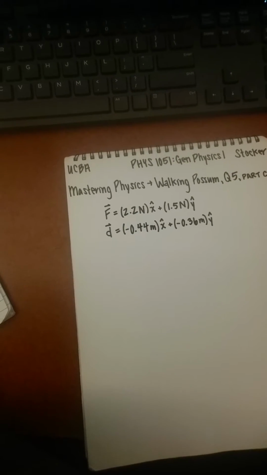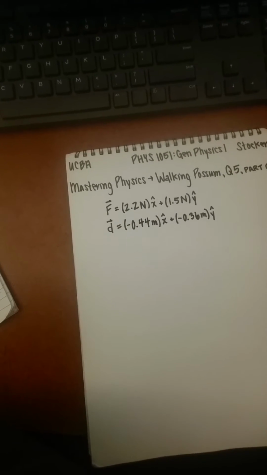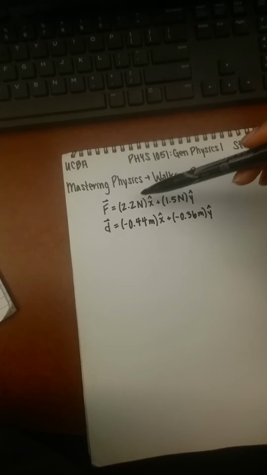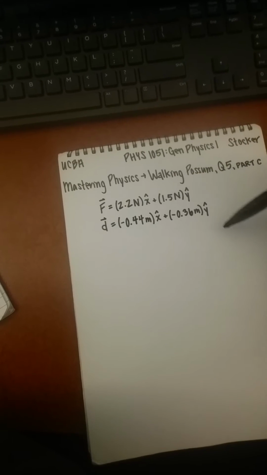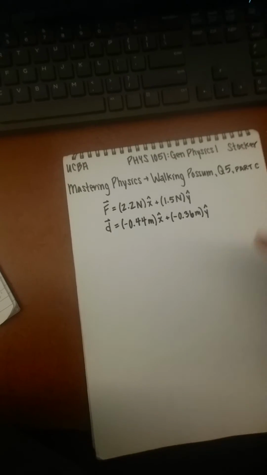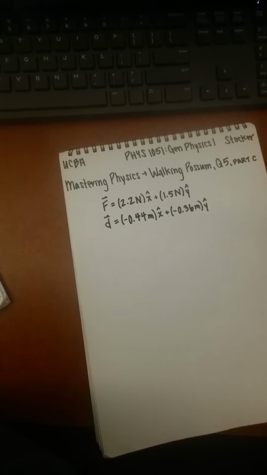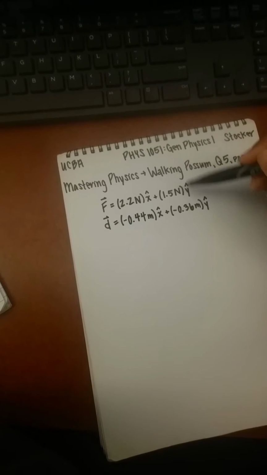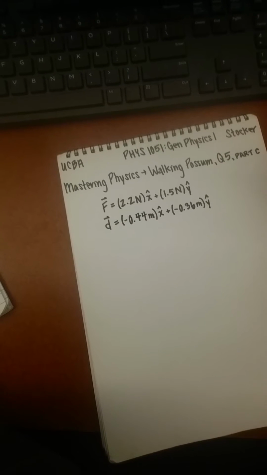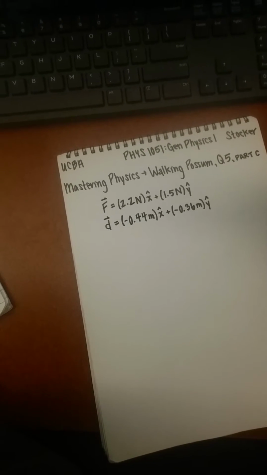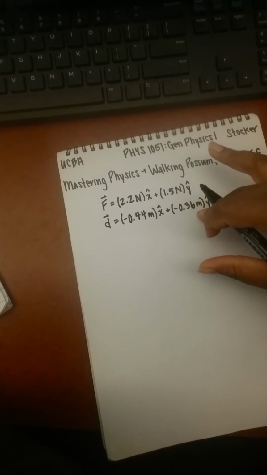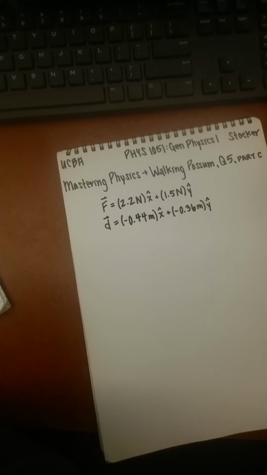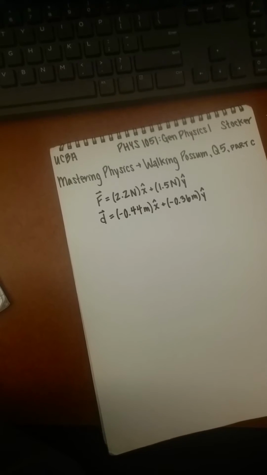So for this problem, what you need to realize is that our force and our displacement are already broken down into our x and y components. So what you need to do is use the Pythagorean theorem for both of them in order to find the resultant force and the resultant displacement, which would be your hypotenuse, which is equal to c.